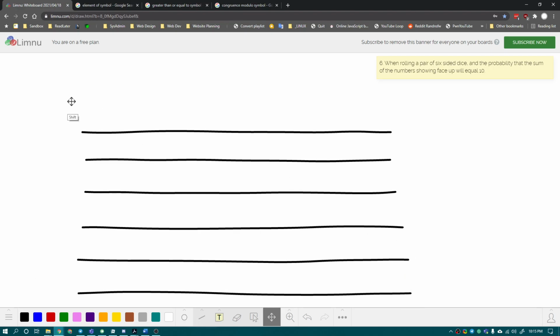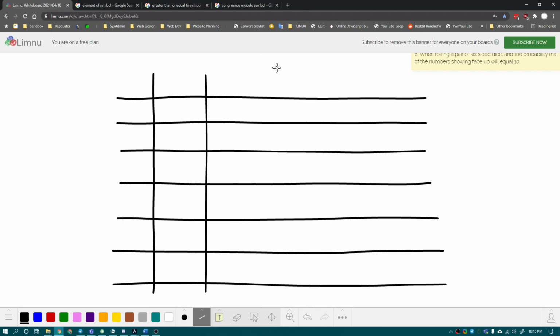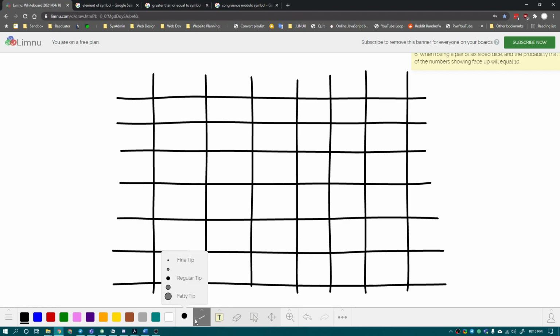1, 2, 3, 4, 5, 6. Perfect. All right, and what I'm going to start with is putting my values for one dice up here.